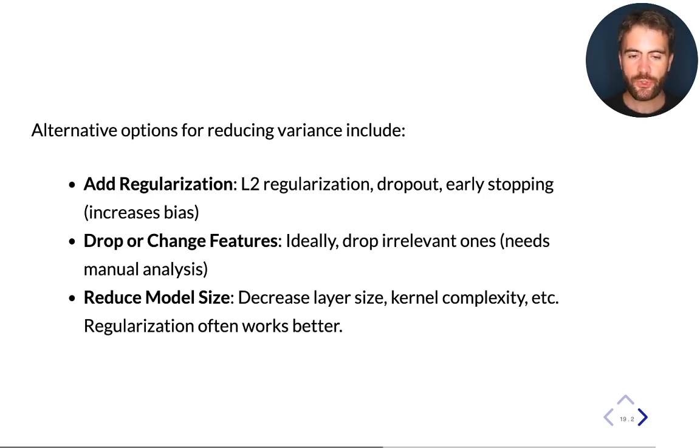Another possible approach is to drop or change the features that we're using. Imagine in an extreme case that we have 20 data points in our training set and we have 10,000 features.